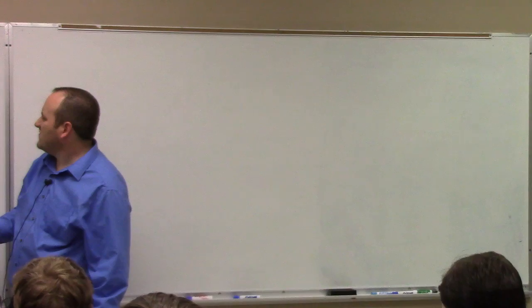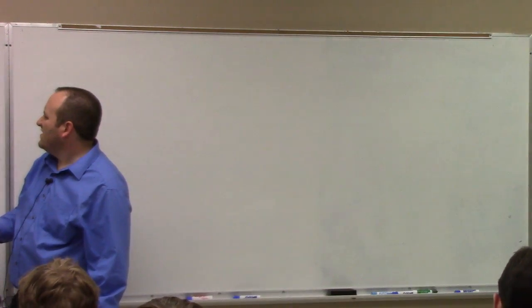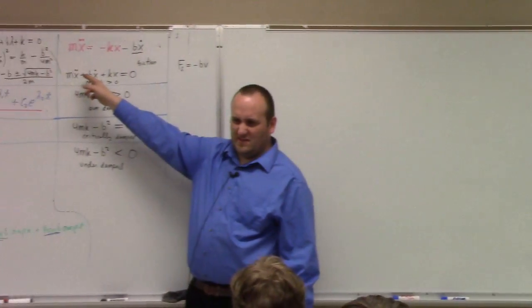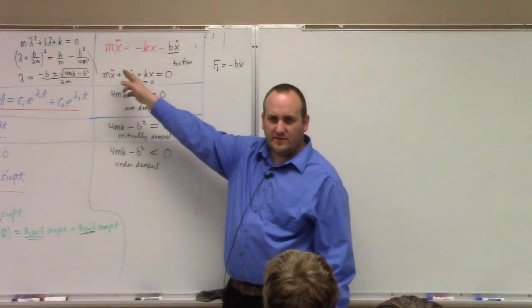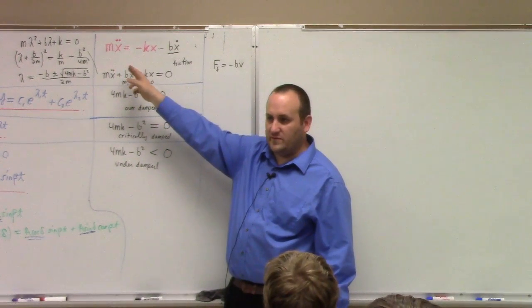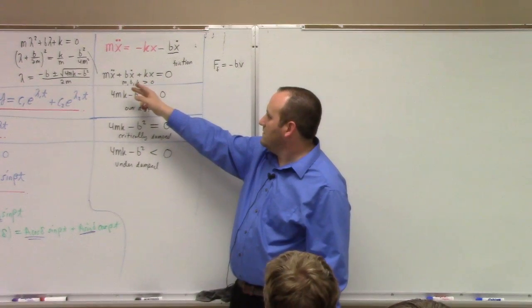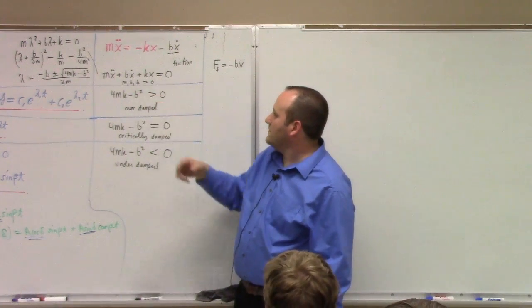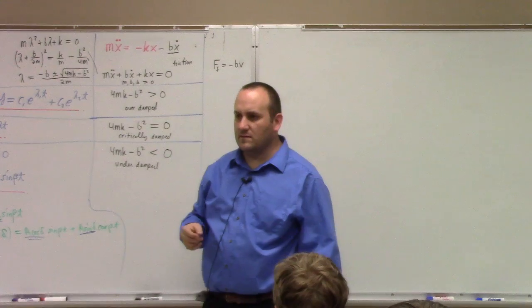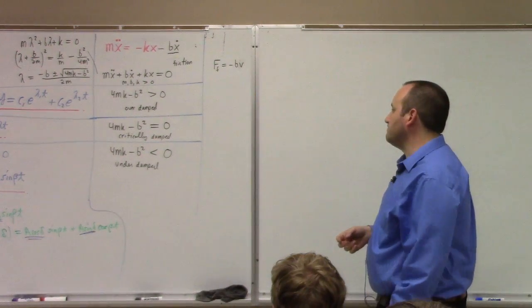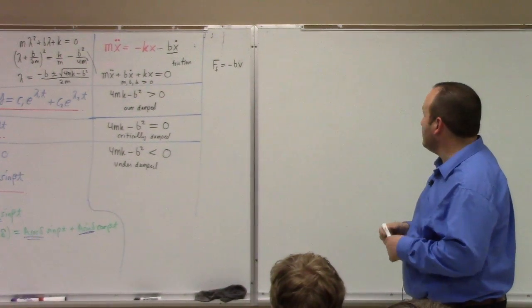The B coefficient is analogous to just plain old resistance in a circuit. And if I recall correctly, the K is analogous to capacitance. So anyway, that's a story for another day.